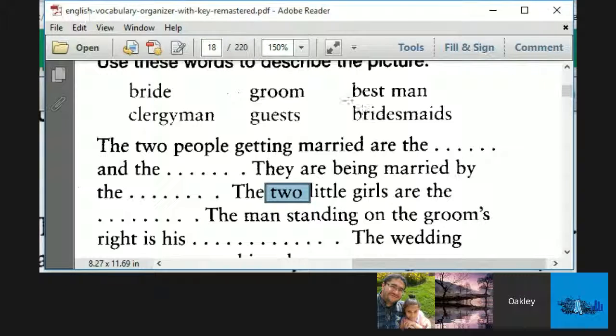Okay, the bride has bridesmaids, has a maid of honor and bridesmaids, and the groom has a best man and ushers. They're called ushers. The ushers really don't do anything except they help seat people at the wedding.